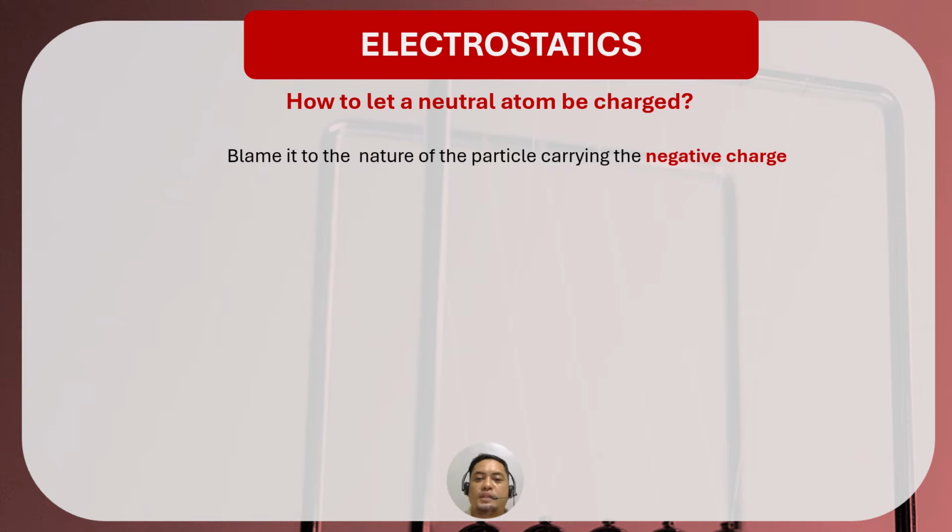Blame it on the nature of the particle carrying the negative charge. The main character of our lesson throughout the semester will revolve around the nature of the particle that carries the negative charge, which is the electron.